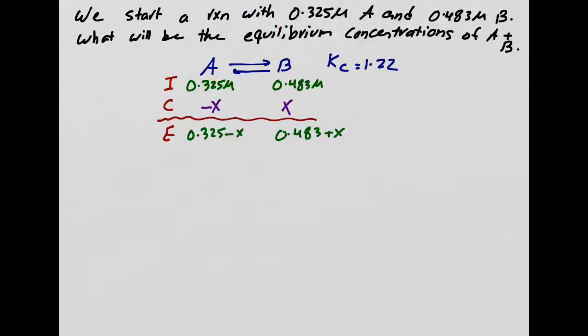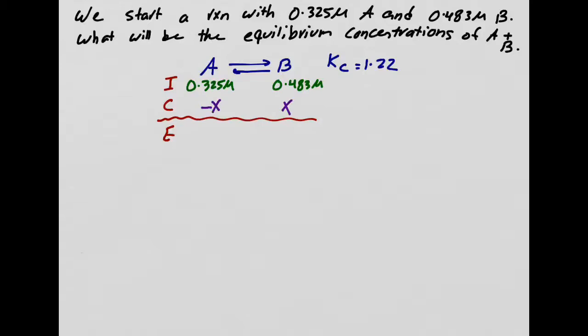But in this problem, I have both. So how do I know that it's going to be minus x and x? Or do I know? Well, here's how you would know. First we need to figure out, are we at equilibrium, how far away we are, and what do we need to reach equilibrium.